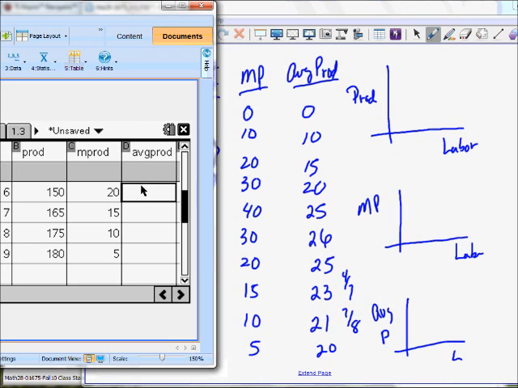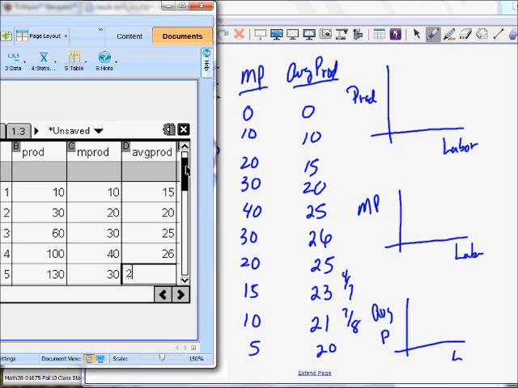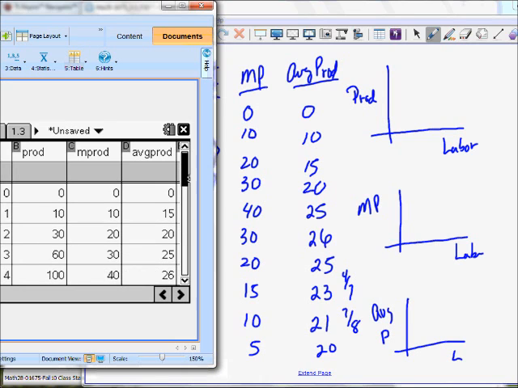And for average product, we'll put those in too. What do we expect to see for this? Let's see, 23, what did I do here? This should be, I missed a 10 up there? Oh, I sure did. Okay.